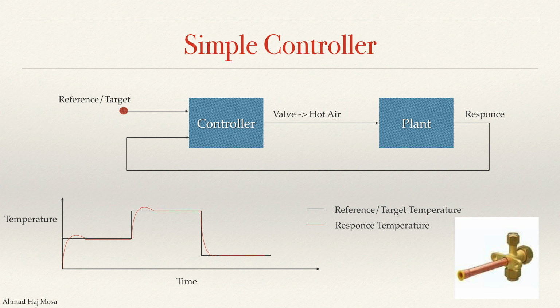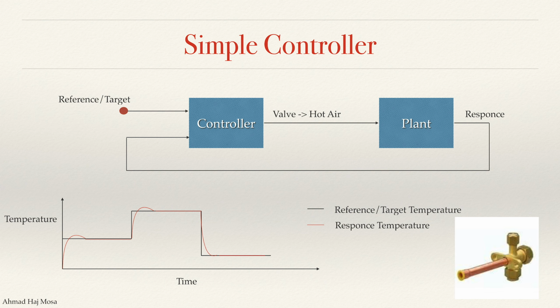And the more we open this valve, the more hot air would go through it to the room, let's say if we are controlling the temperature of a room. And the more hot air, the higher the temperature would be. So the temperature is proportional to the amount or the density of the hot air.